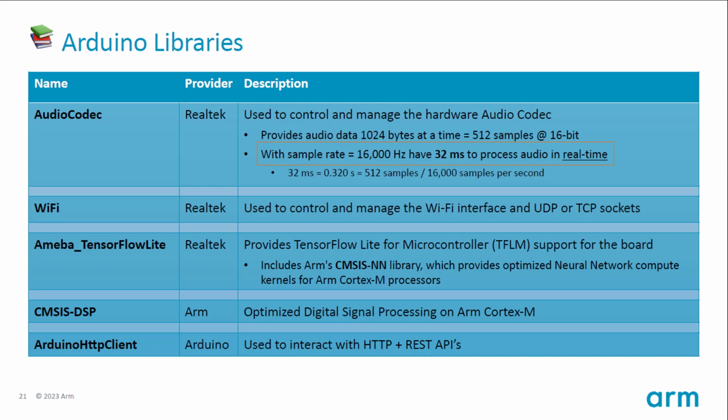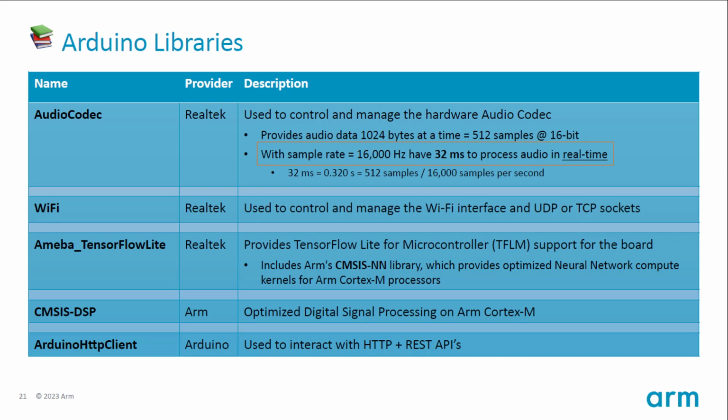Another library that Realtek provides is the Wi-Fi library that allows us to connect to the Wi-Fi network and provides the UDP and TCP sockets you need. And then the Realtek team has also ported the TensorFlow Lite library to run on the board, and this includes the Arm CMSIS-NN library, which will give us accelerated computational kernels for the Arm Cortex-M processor, which is running on the board.